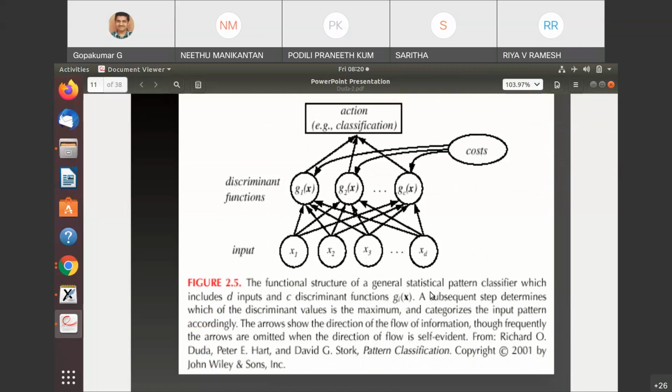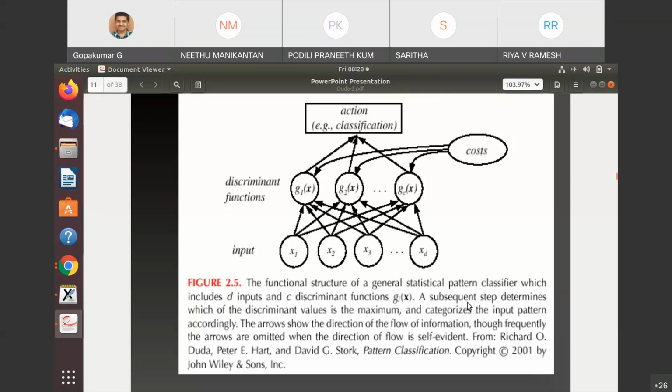So that can be represented, for example, a general pattern classifier can be represented like this one. So we are assuming that we have an input. The flow is from the bottom to top in this particular diagram.